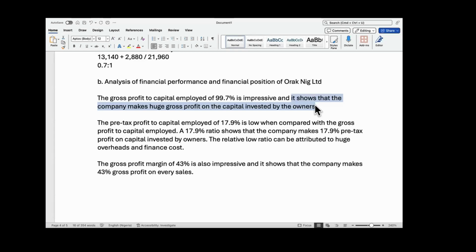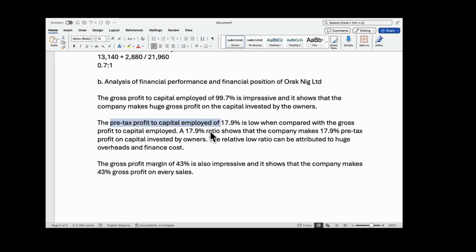That's analysis. So it shows that the company makes huge gross profit on the capital invested by owners, which I also did here too. Even though I tried to compare this pre-tax profits with the gross profit to capital employed, and said okay, it's low relative to that, I later also told the examiner the meaning of this ratio.